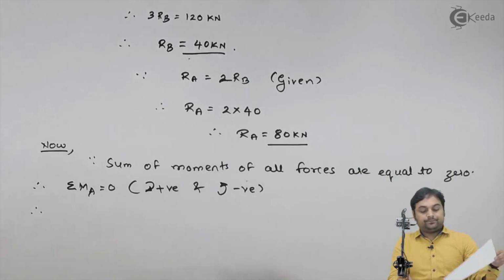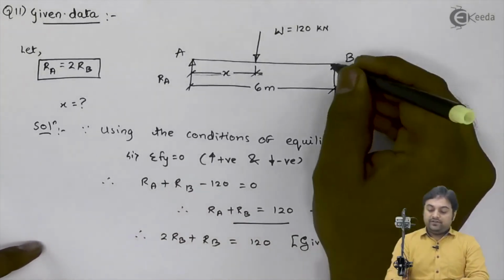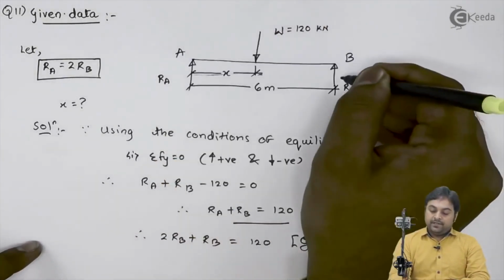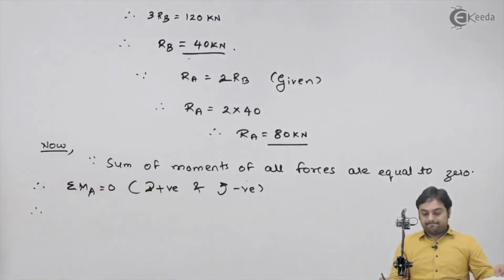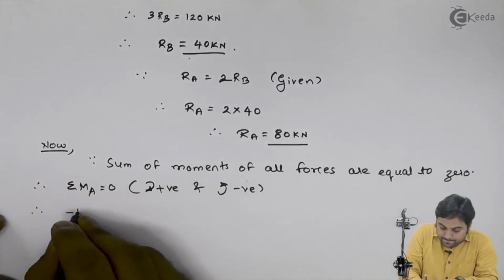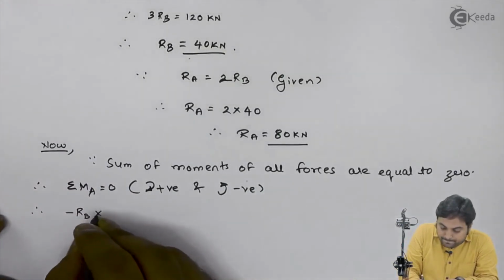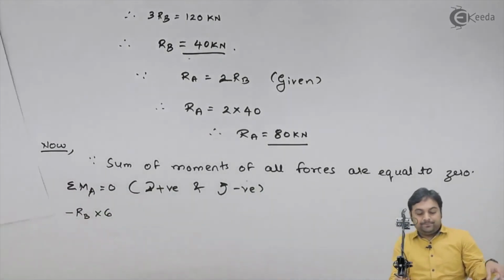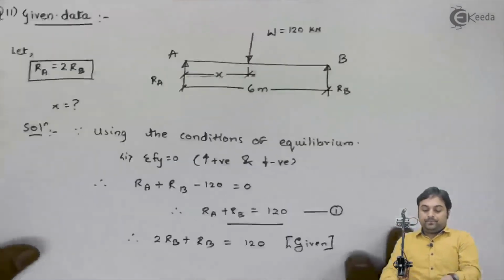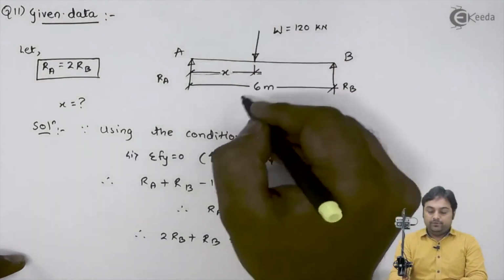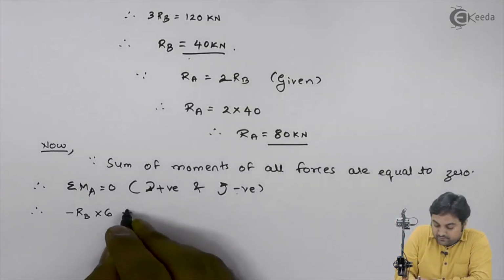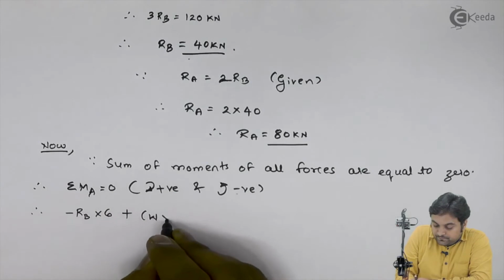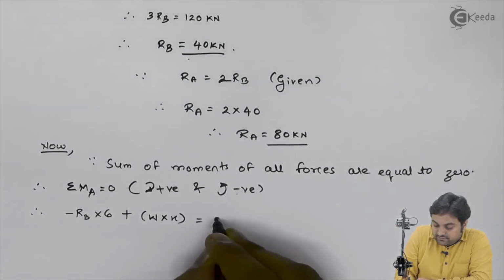Therefore, here I will write RB, and it is producing anti-clockwise moment. So minus RB into 6, plus W into X, that's equal to 0.